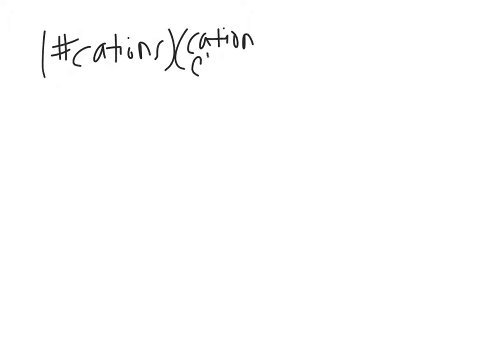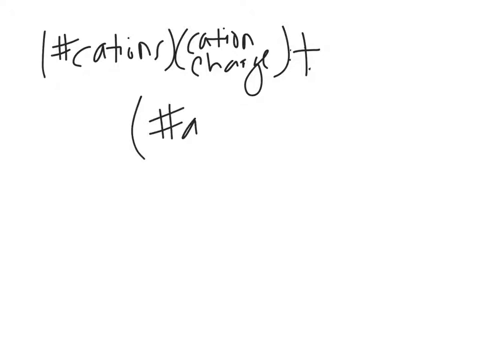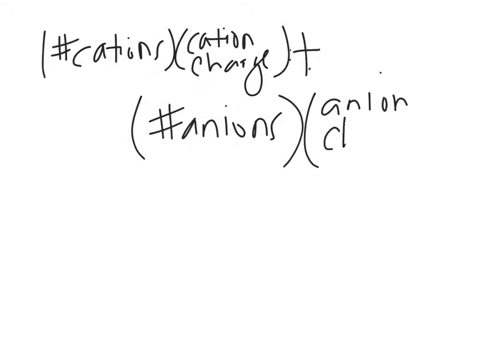The way that we're going to do that is we're going to have a little equation, and we're going to say the number of cations that you have times the charge on the cation, plus the number of anions that you have times the anion charge, that has to equal 0.